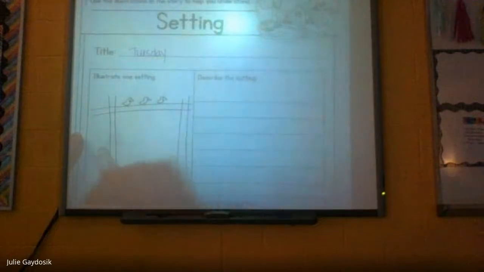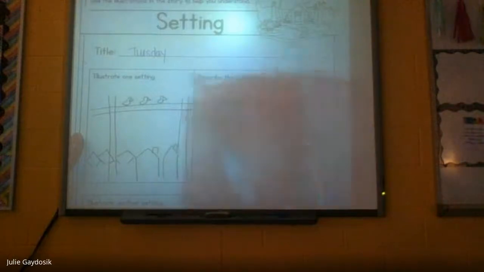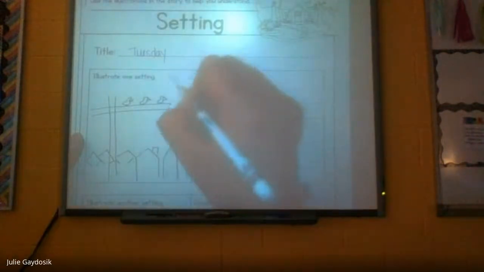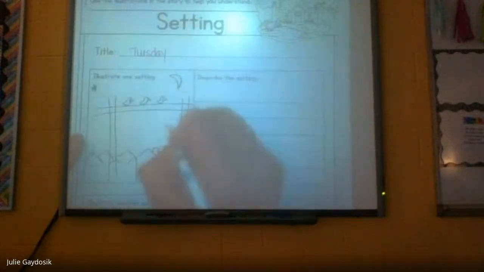Okay, and then this is like the tree tops, right? Because it was above a wooded area, and then you could start to see some houses, right? Because this was up, you want to show that they were up in the sky. I'm going to draw a moon right here, some stars, because remember it's nighttime.